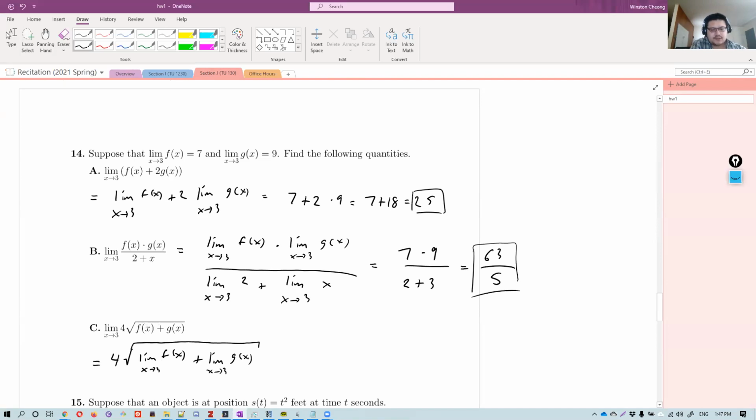So equals that. And then we can plug in, because we have those given to us. So 4 times the square root of 7 plus 9. And so this is 4 times 4, which ends up being 16. A little bit convenient.